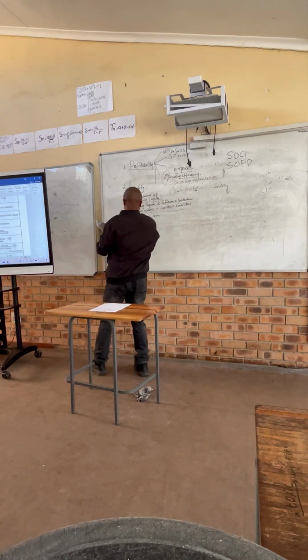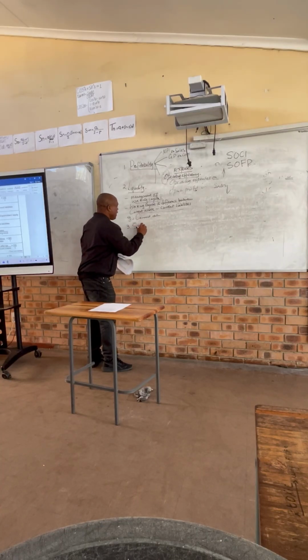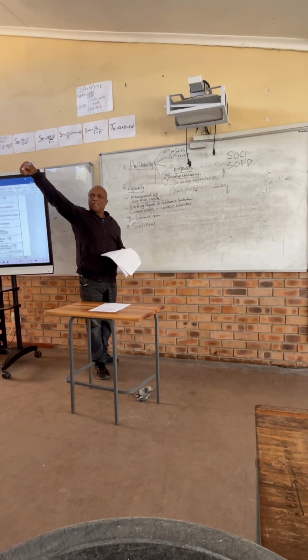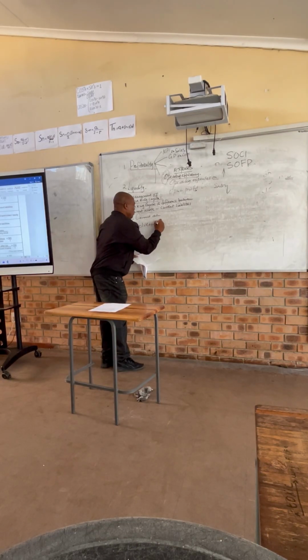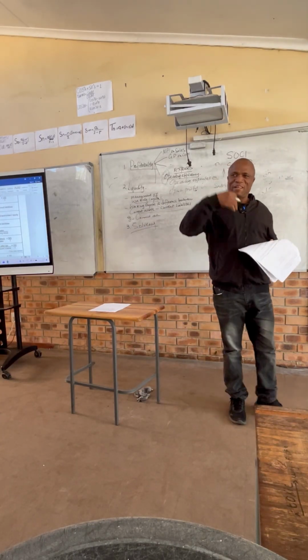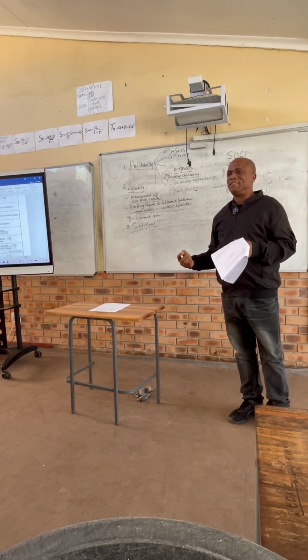Next one, we are going to be interested after liquidity, very close to this one. We want to see, is our business going to continue into the future? We need to know the solvency. Do we have enough assets to cover our total liabilities?